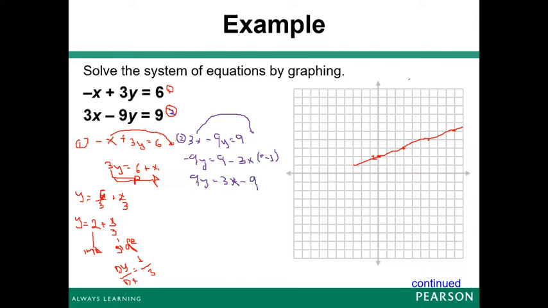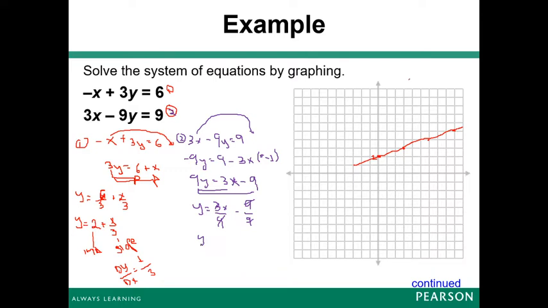Now I divide by 9. So y equals 3x over 9 minus 9 over 9, and we can simplify these expressions.